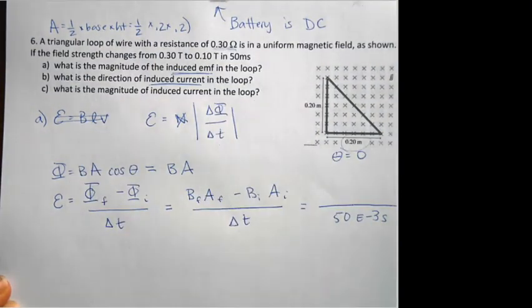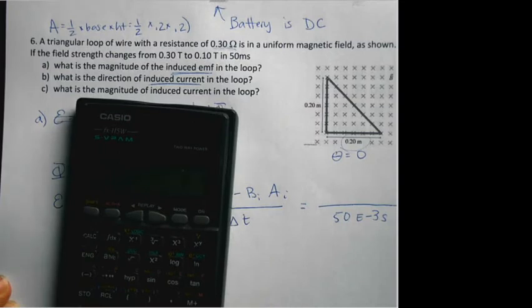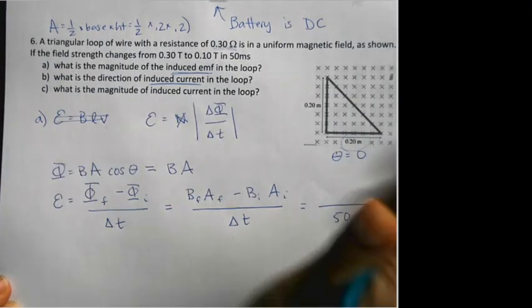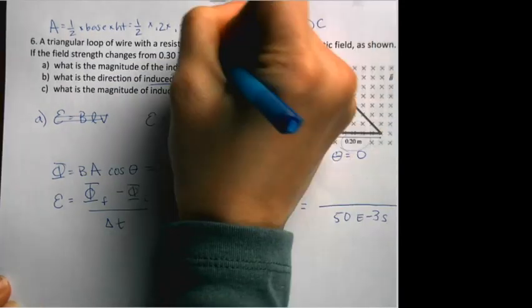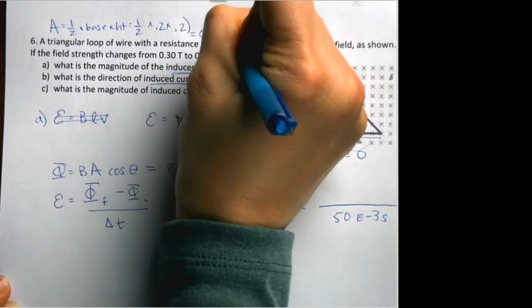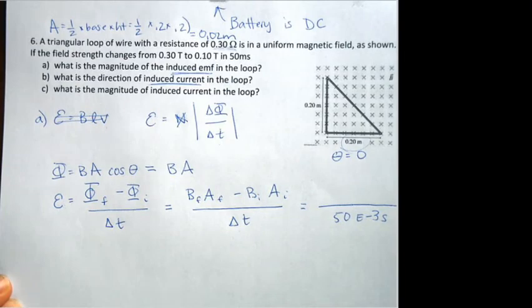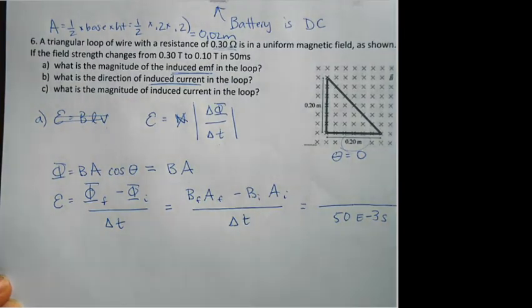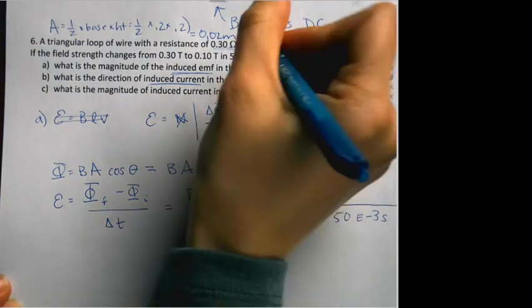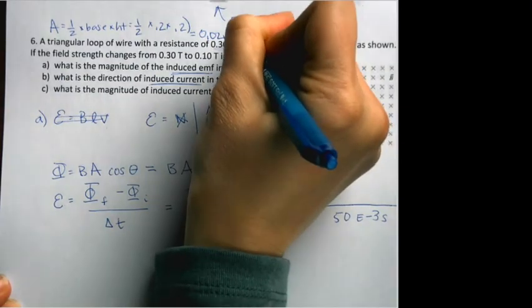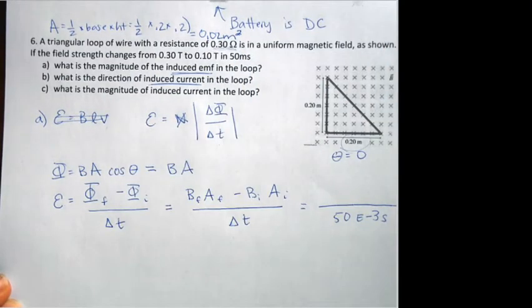And calculate that. I got 0.02. Okay, so we'll just plug in these numbers. Oh, that's not 0.2 meters, but 0.2 meters squared. It's an area, so that should have a length squared.